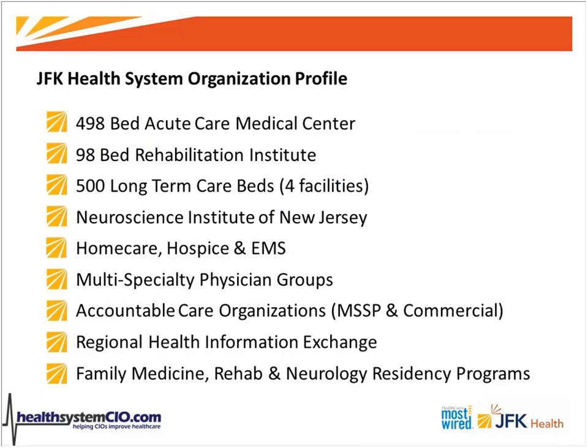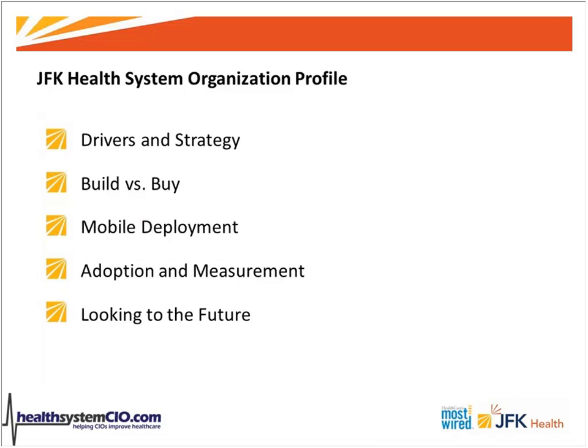And then we've got 500 long-term care beds spread out over 4 facilities, specialty in neurosurgery and neuroscience, as well as a wide range of other organizations and entities you'd expect to see in a large multi-specialty health system. We've got a couple of ACOs running, as well as a growing multi-specialty physician group, participate in a regional health information exchange, and then we have residency programs in family medicine, rehab, and neurology.